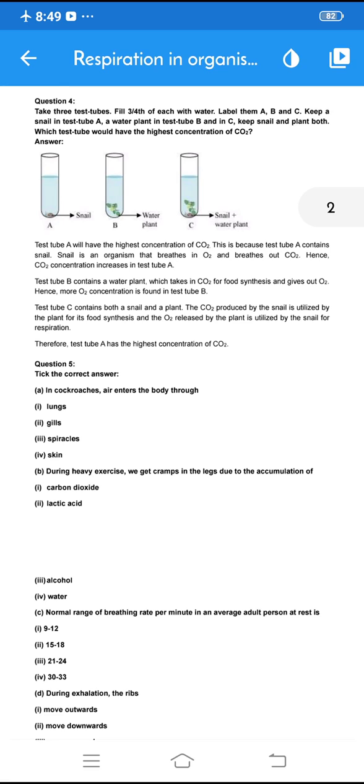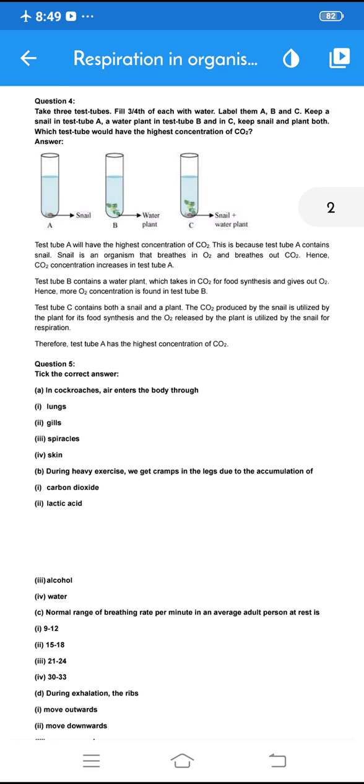A snail is an organism that breathes in oxygen and breathes out carbon dioxide. Hence carbon dioxide concentration increases in test tube A. You know that already: most organisms breathe in oxygen and breathe out carbon dioxide. Whereas test tube B contains a water plant.